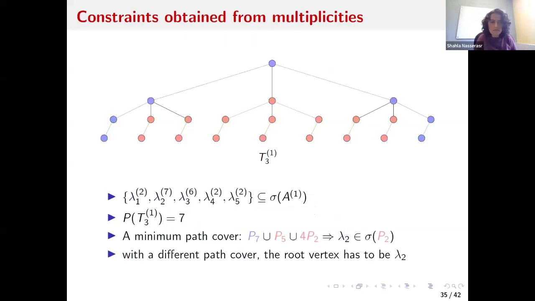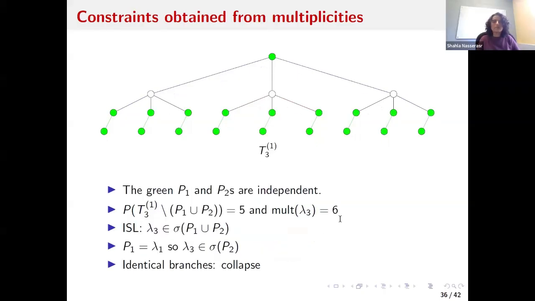So we have a path cover of 5 and multiplicity 6. So that means lambda 3 now has no choice but to be an eigenvalue of these P2s as well.